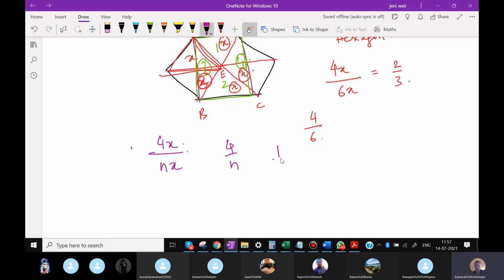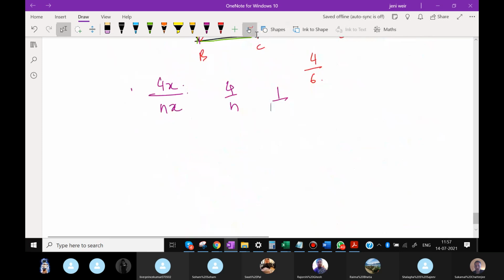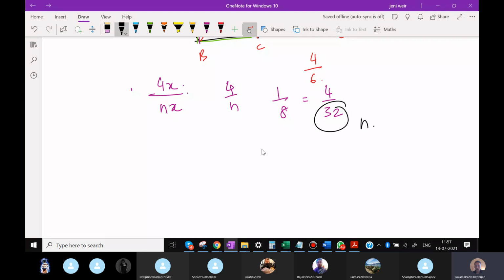So that means 1 by 8 is equal to 4 by 32. So that means the value of n is 32. So it will be a 32-sided polygon.